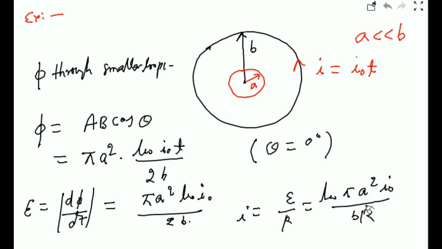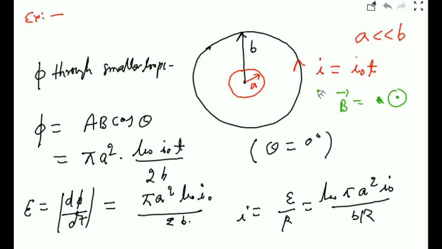So what is the direction of current in the smaller loop? That is also an important point. The initial direction of the magnetic field is outward, denoted by a dot. The flux is increasing, because I is I naught t, so with time the current will increase and the flux will also increase.